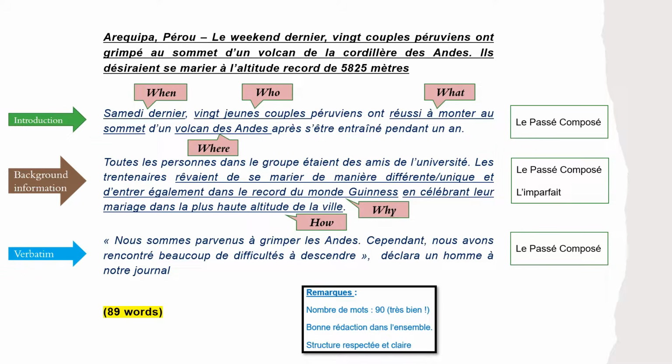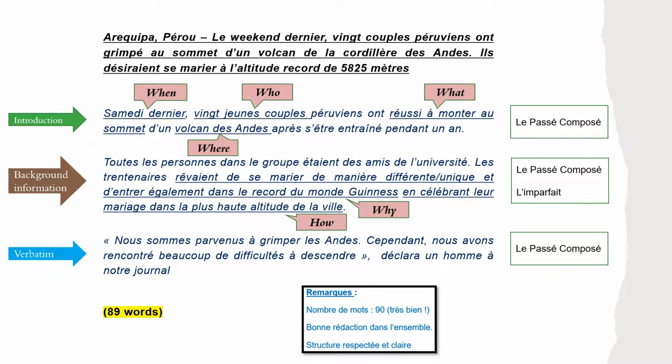And then to close my fait divers, I'm just giving one comment from one person in this group who said that we managed to climb up, but while we were climbing down, we faced a lot of difficulties. That's it.